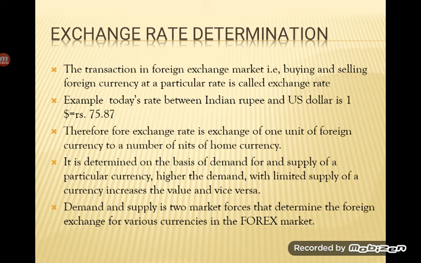For example, today's value I have given here, $1 is equal to 75.87 Indian rupees. So around 76 rupees we can quote here. The unit of foreign currency is $1 and it is exchanged for the unit of home currency, that is 76 rupees, Indian national currency, INR.